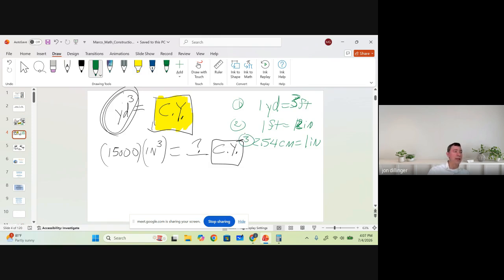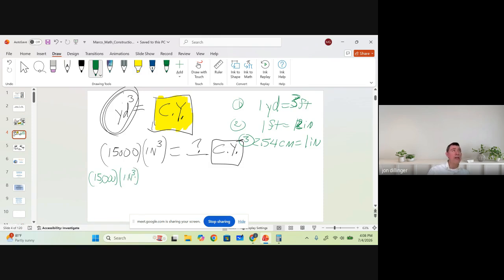So for this problem, we have 15,000 cubic inches and we want cubic yards. So you do the following. You write 15,000. Then you write inches cubed, right?